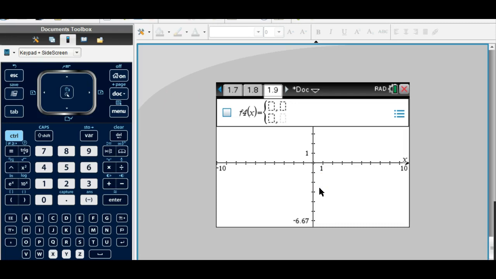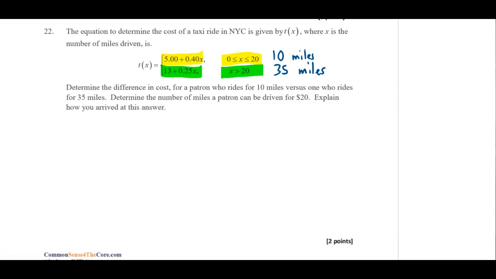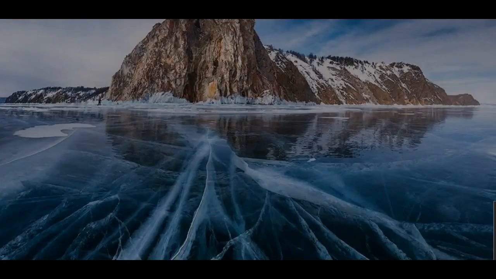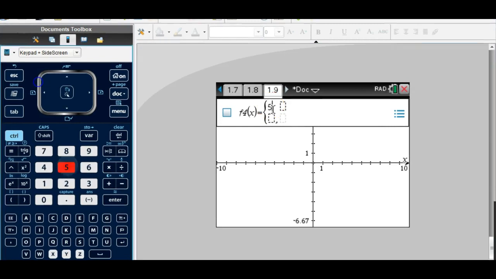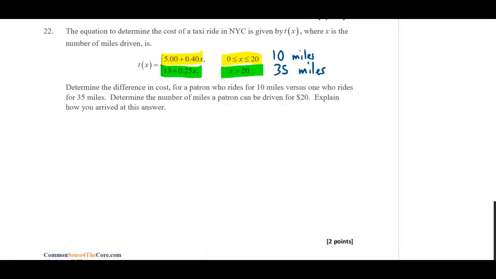And what I'm going to do now is put in the two equations that we have. The first equation that we have is 5 plus 0.40x, and we're going to use this when the miles are between 0 and 20.